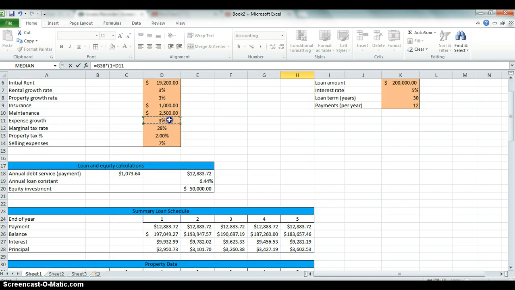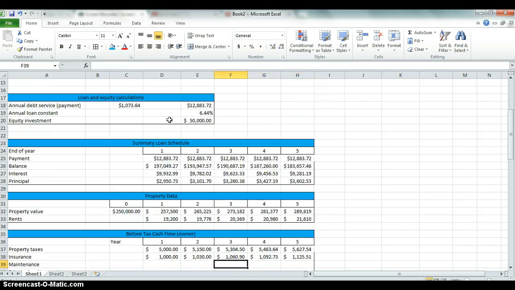Expense growth 3%. Now the maintenance is also an expense, so we're gonna do what we just did with insurance, considering the expense growth.